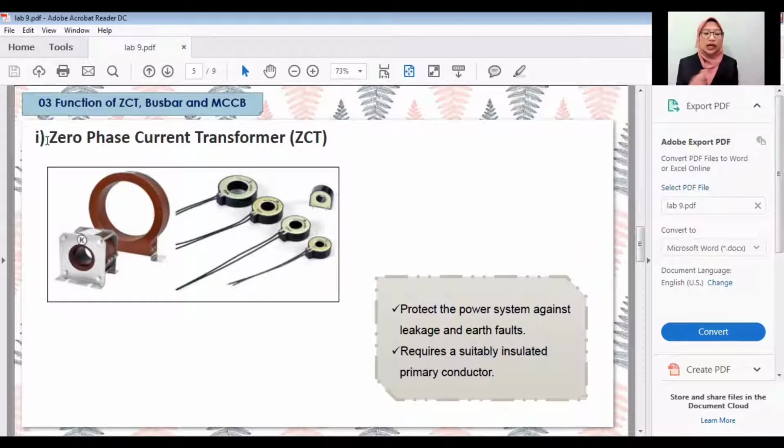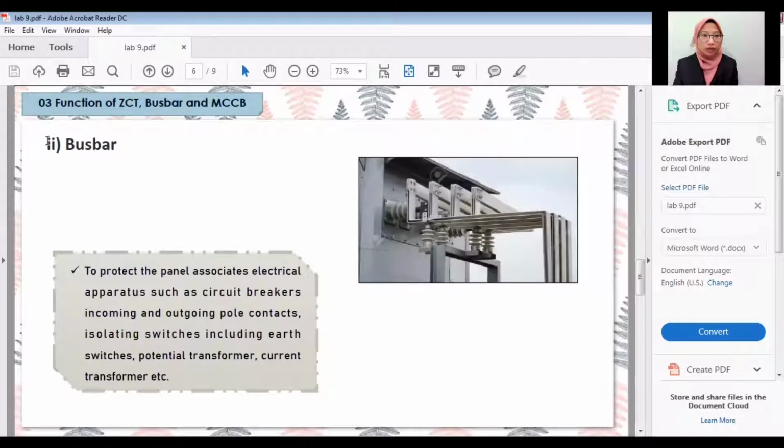When the leakage current at the current transformer primary reaches a certain level, the current transformer secondary provides the necessary current signal or voltage signal according to the type of the protective relay in use for the protection of the power system.